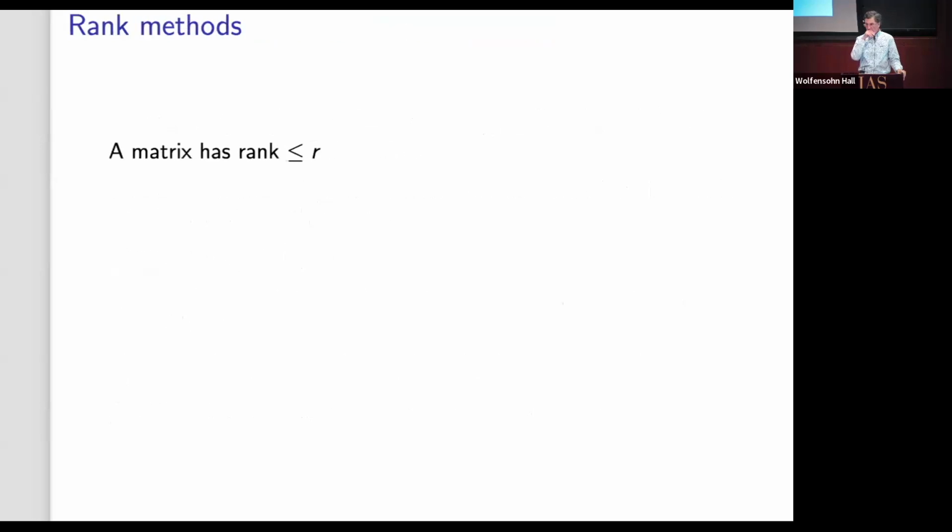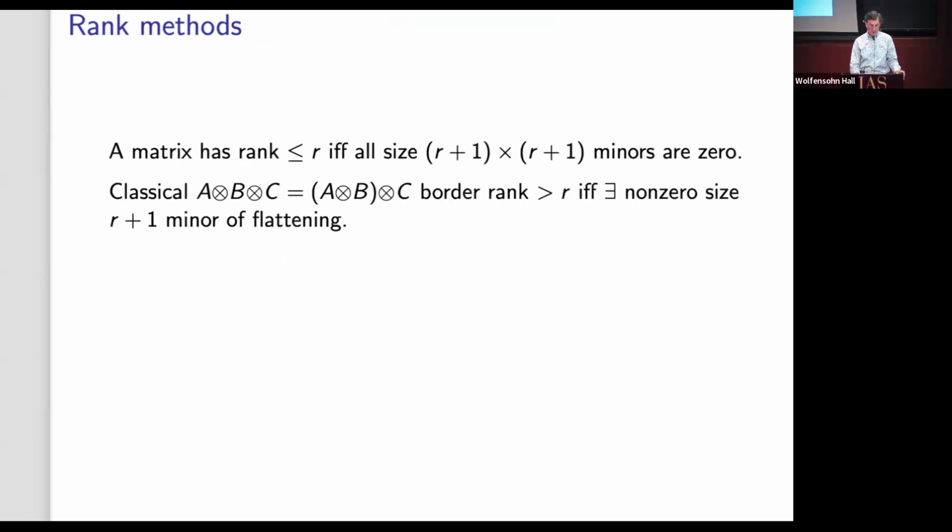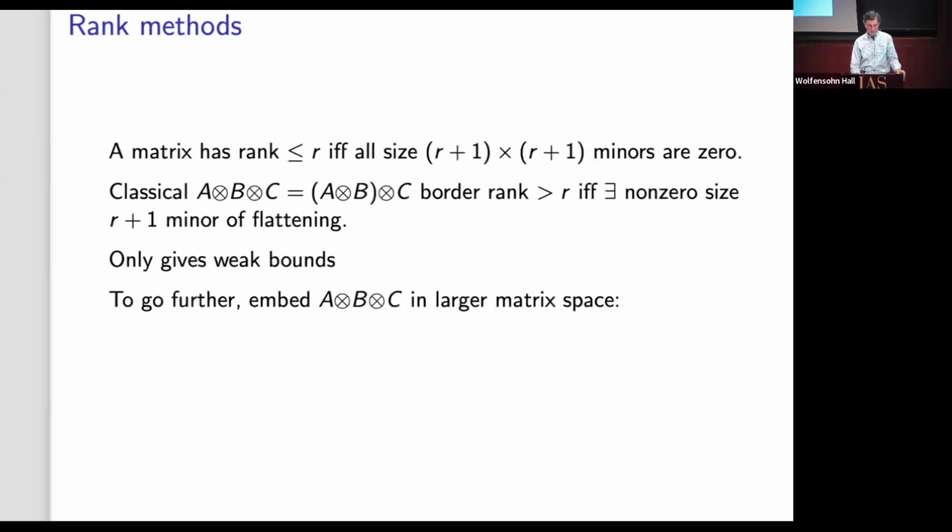Right, so how are we going to find polynomials? Well, there's not a whole lot of polynomials that we understand geometrically. One of them is how to compute the rank of a matrix. A matrix has rank at most R if all of its size R plus 1 minors are 0. And you can use that to get some classical information, but not very interesting.